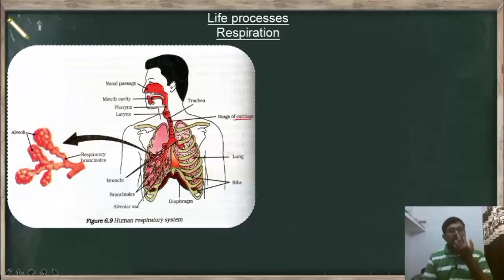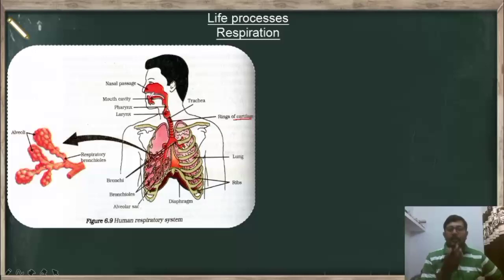These hairs act as a filter of air. If the air contains any dust particles, all the dust particles are trapped in the hair. Along with that, this nasal chamber also has mucus glands, and these glands secrete mucus, which also helps in the same function, that means trapping of the dust.